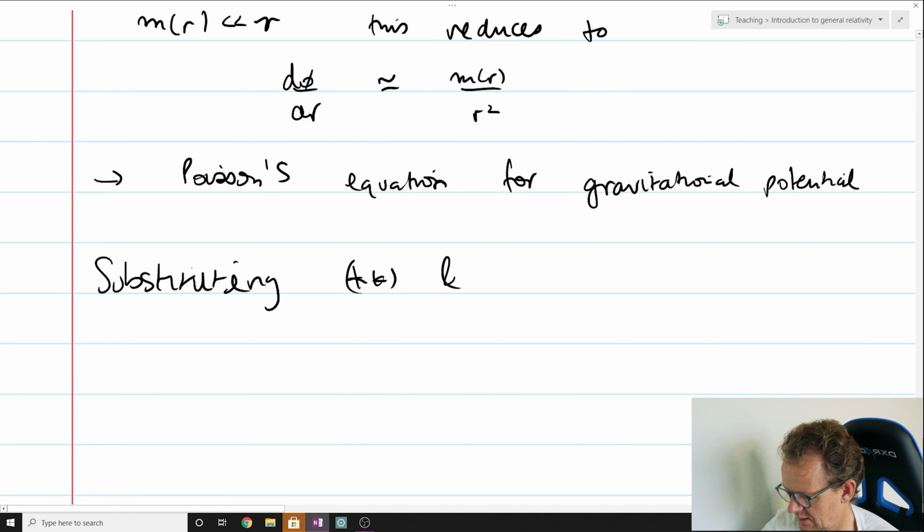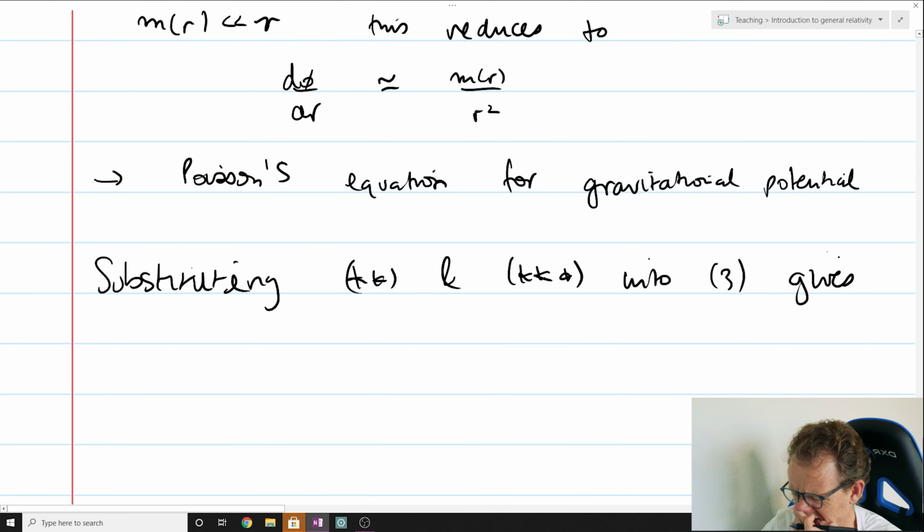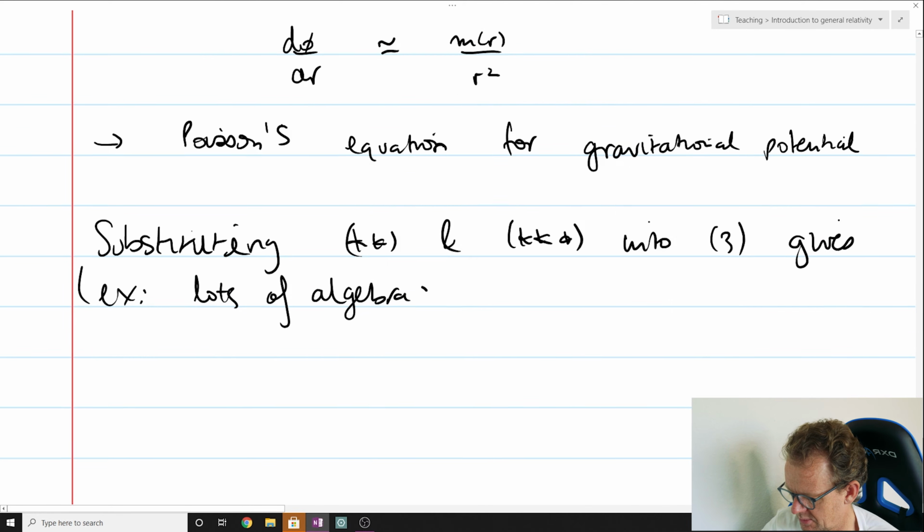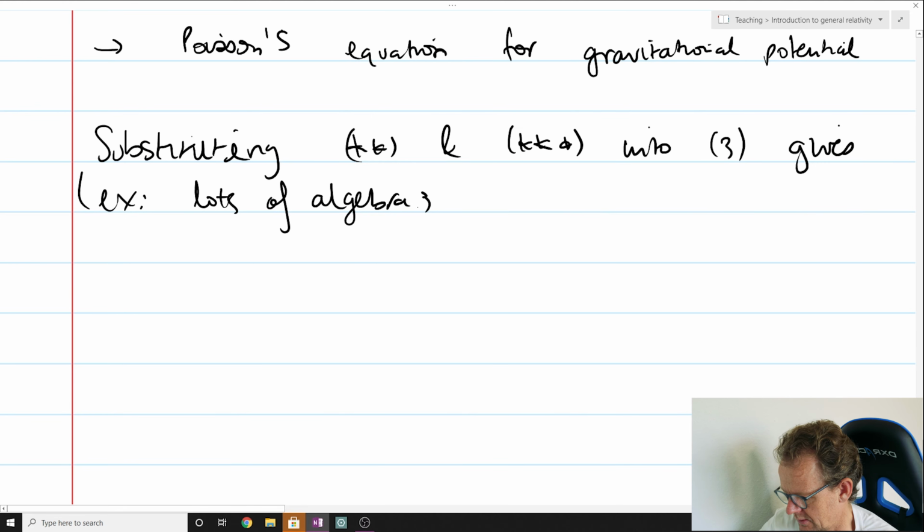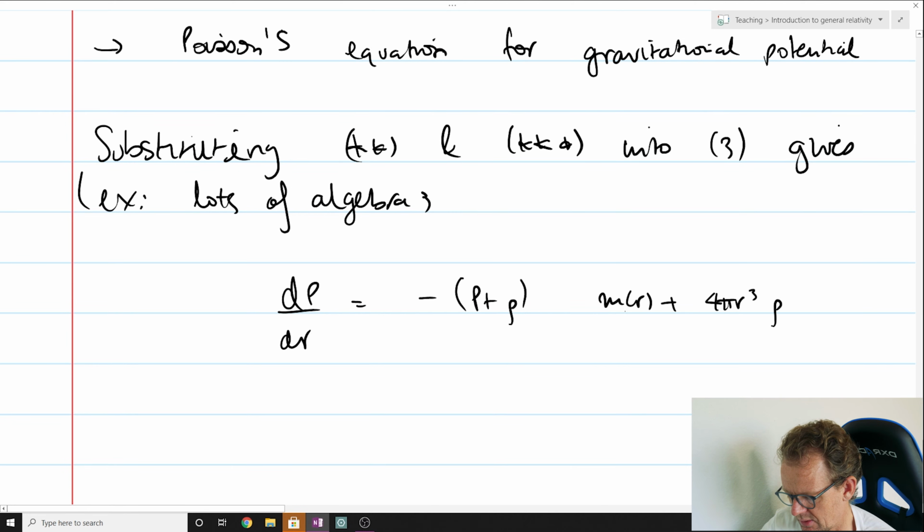We come up with an extra consistency condition. This third equation is a bright pain to derive. There's a lot of algebra going on here. And it relates the derivative of the pressure, of the density, and also the distribution of mass energy.